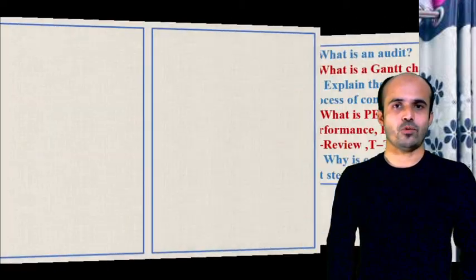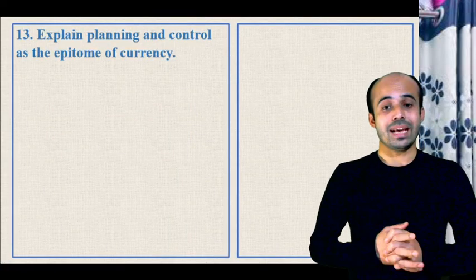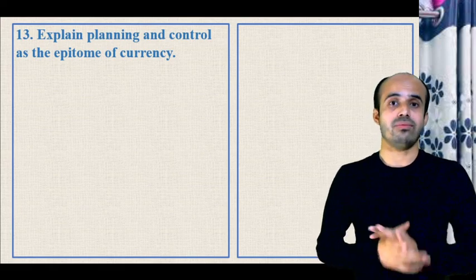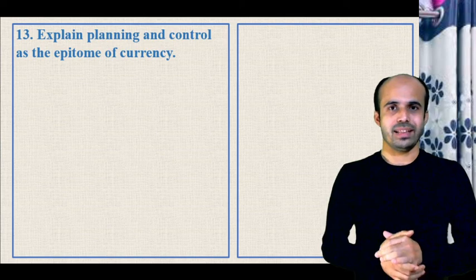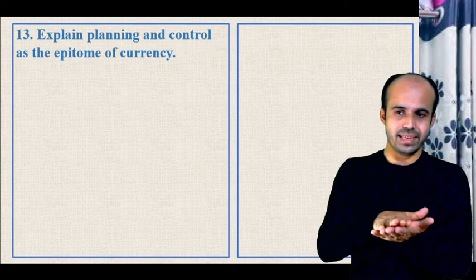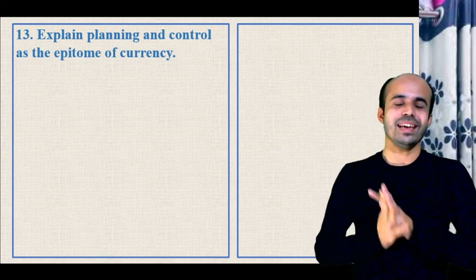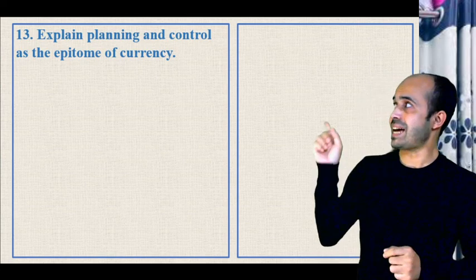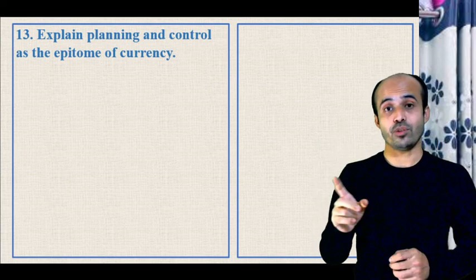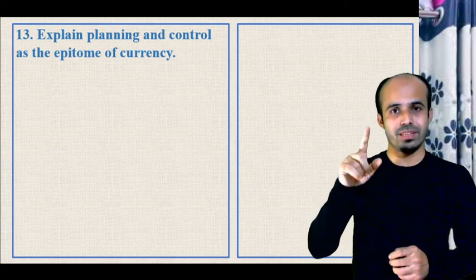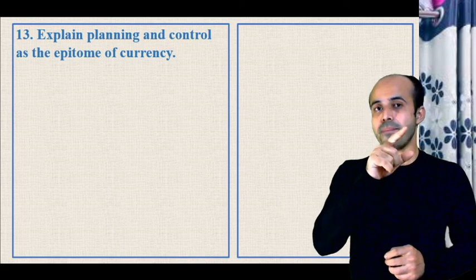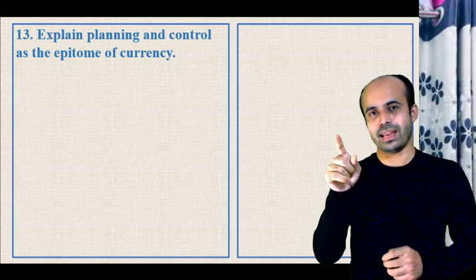Now coming to another question, explain planning and controlling as the epitome of currency. When you see the circle of the management cycle, you will see it will start with planning, and after completing all the activities, it will again come to controlling, and then again you start planning.